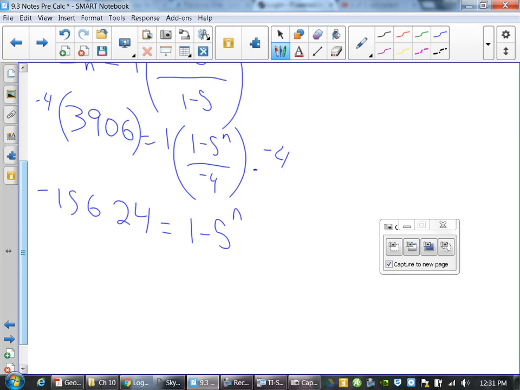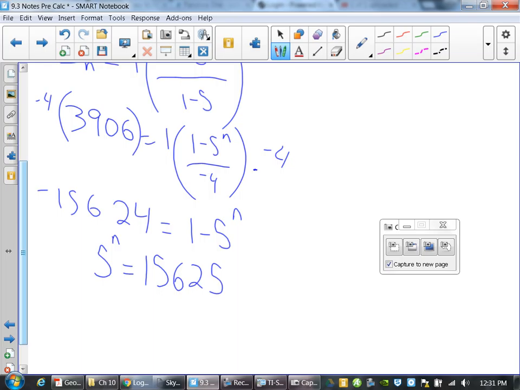I need to switch that negative 5 to the n to become positive, and then I'm going to move the 15,624 to the right to also make it positive. So I get 5 to the n is 15,625.